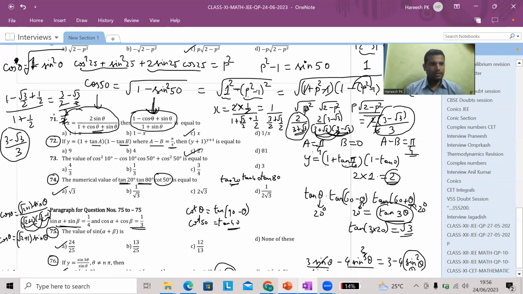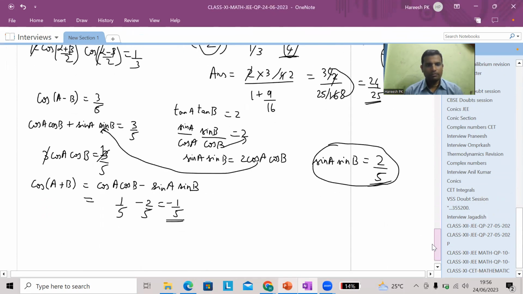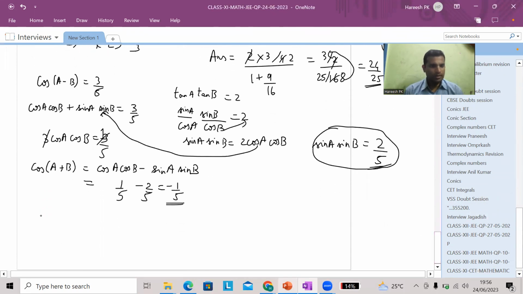So now the 73rd question. I'll write it down. Cos square 10, cos square 50, and then minus cos 10 cos 50. So cos square 10 plus cos square 50.